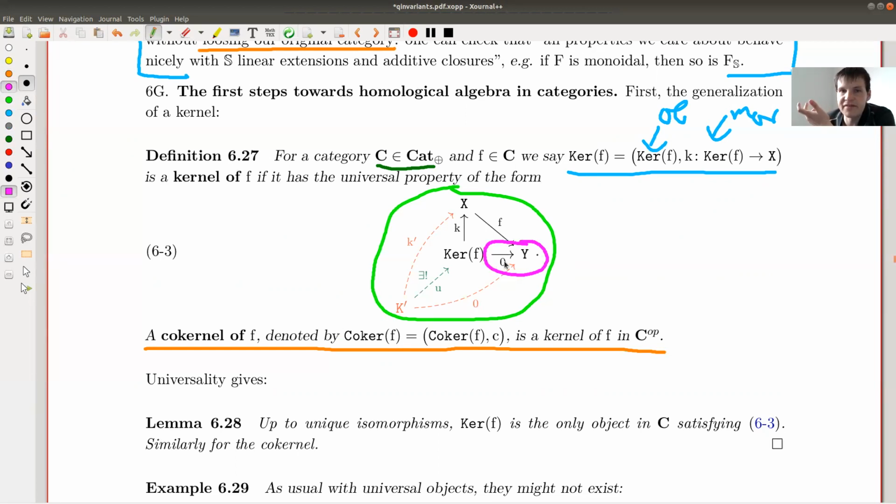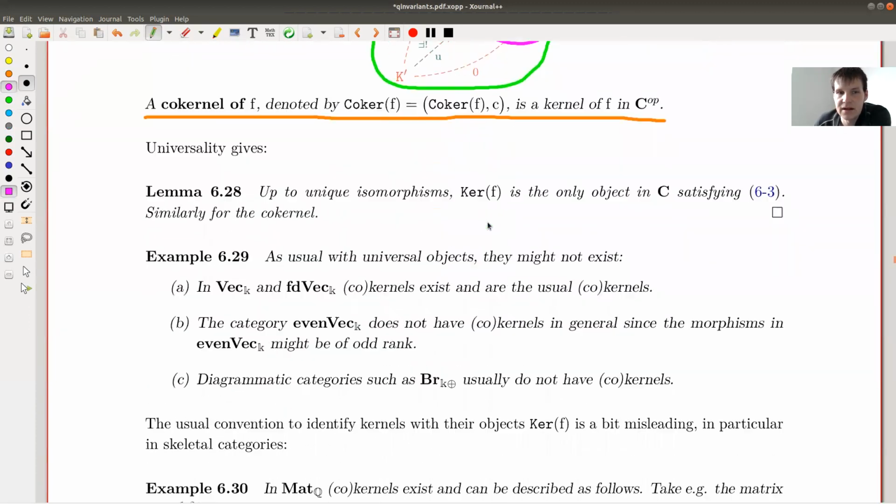And having a zero here only works because I'm assuming that I'm already in an additive setup. A kernel is something satisfying a universal property, a co-kernel is the dual notion. Universal property means it's unique up to unique isomorphism if it exists. Good. But let's discuss some examples.